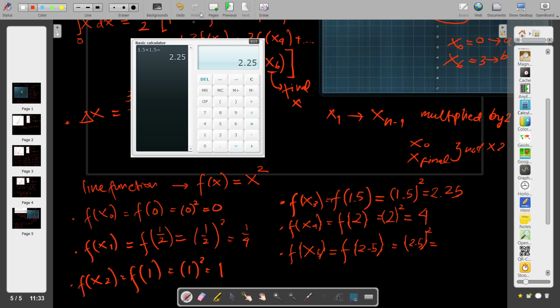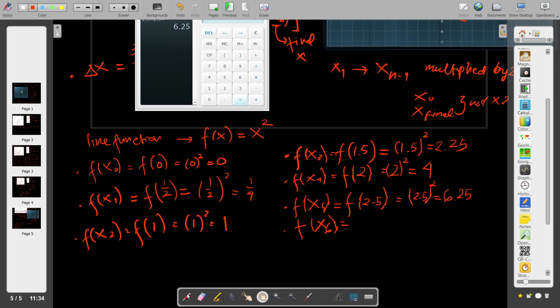2.5 times 2.5 is 6.25. Then the last value of our f(x), as x6 is our last x, is f(3).